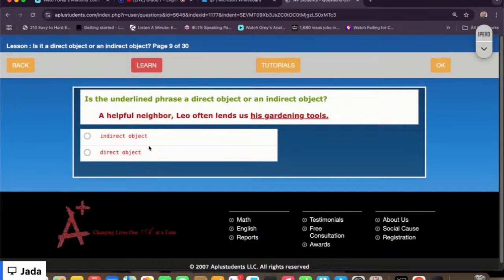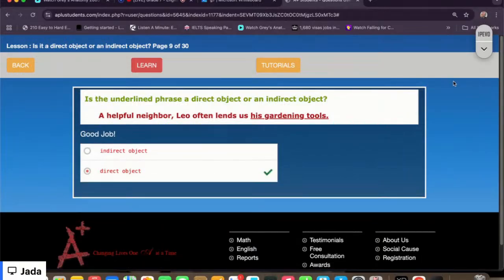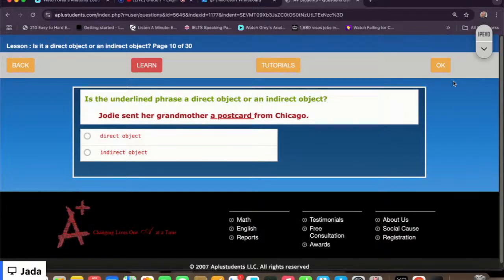So we have direct objects. Okay. Judy sent her grandmother a postcard from Chicago. Direct or indirect?